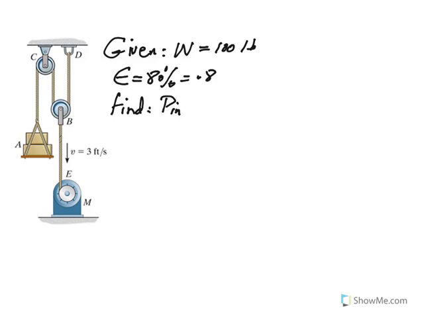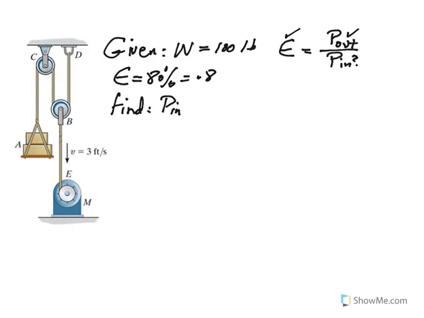Okay, so let's get started. We know that the definition of efficiency, epsilon, is power output divided by power input. Having the efficiency, if you want to find the power input, which is the unknown, I have to calculate the power output.